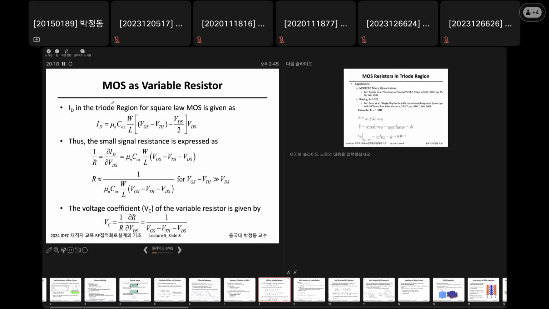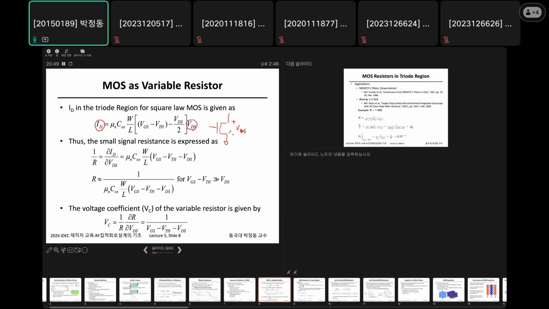So in the triode region, ID is given by this. This is a very well-known square-law equation. For the small signal resistance, you just take a derivative of ID with respect to VDS, because VDS is the main signal path.